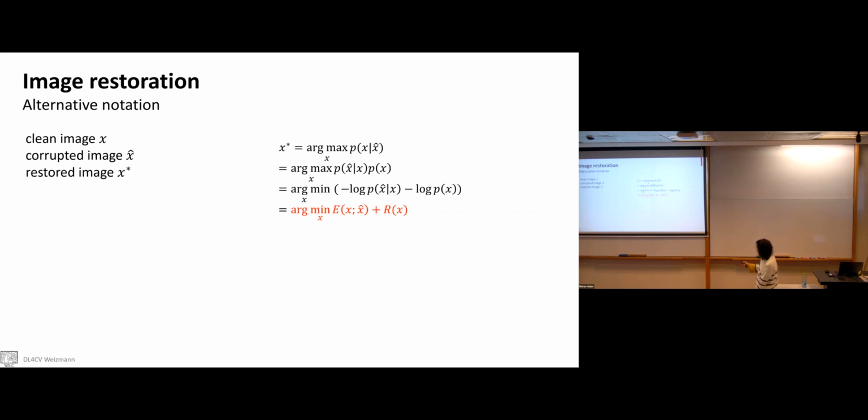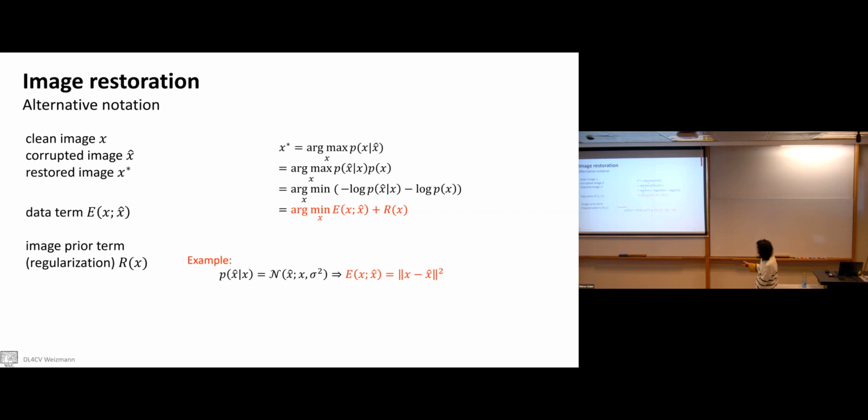This part is called the data term. The relation between x, which I don't know, and x bar, and this part is called regularization, R of x. For example, in the case of denoising, the data term is going to be the difference between x bar and the predicted image, which I don't know, like what we saw before.